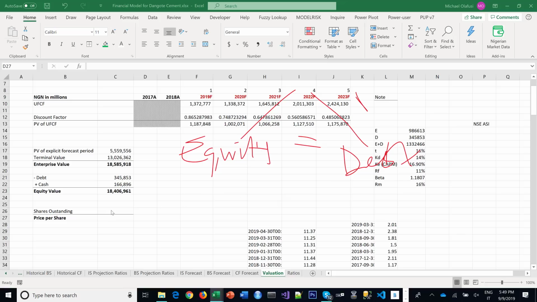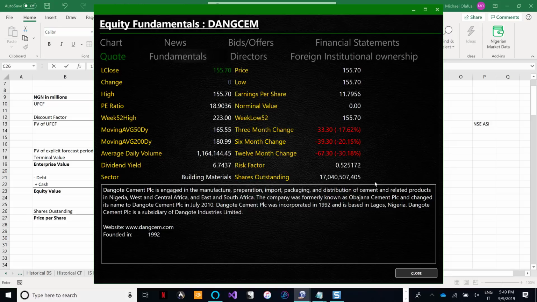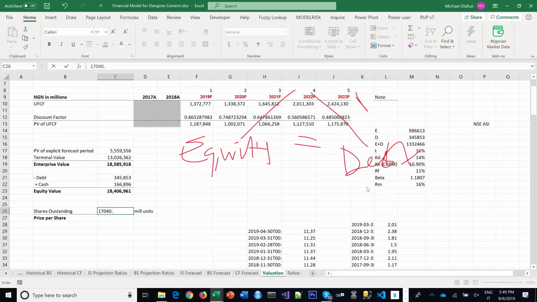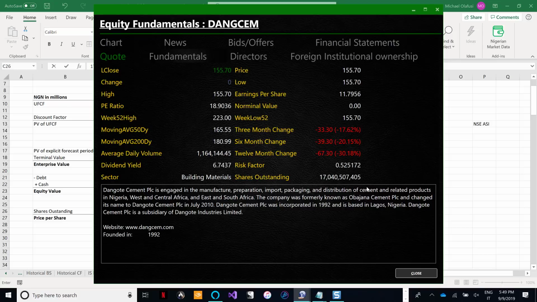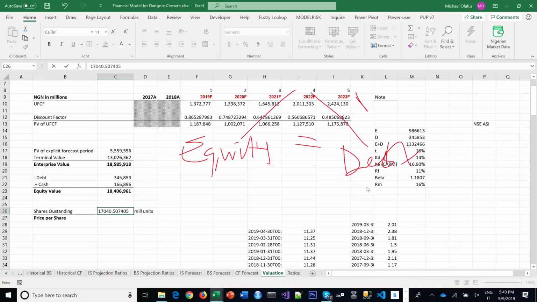So the shares outstanding, maybe I'm going to write it in millions, units. 17,040,507,505.